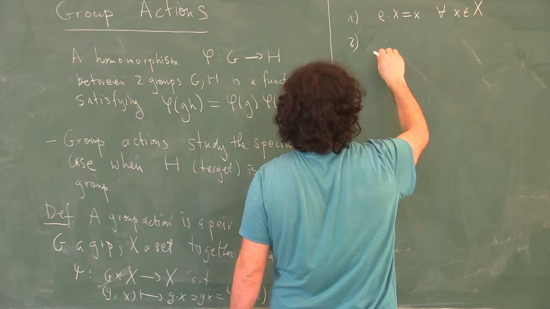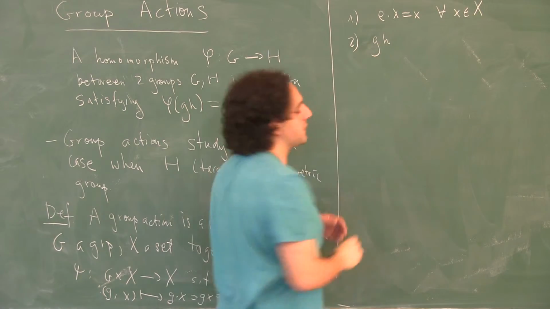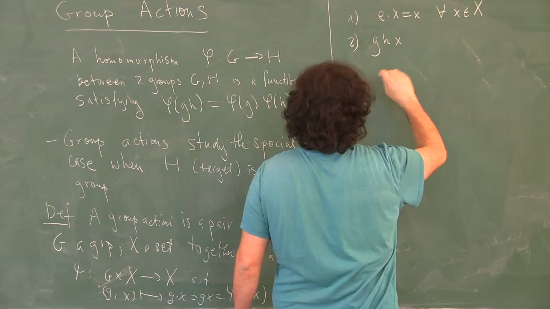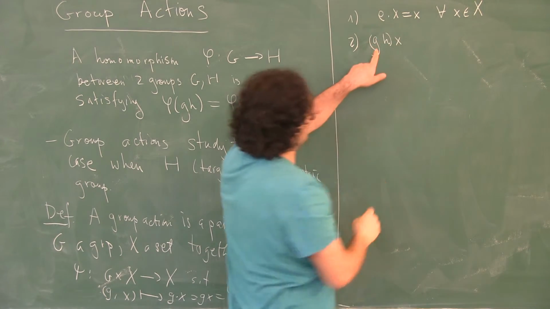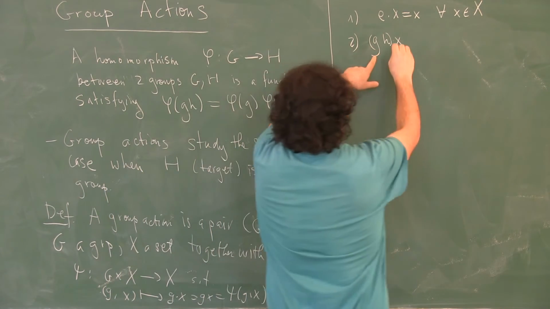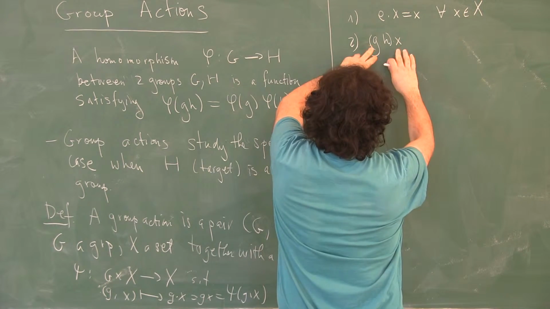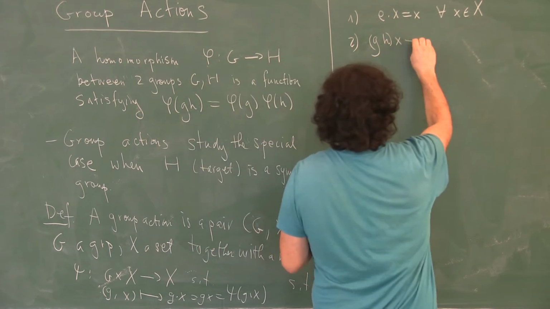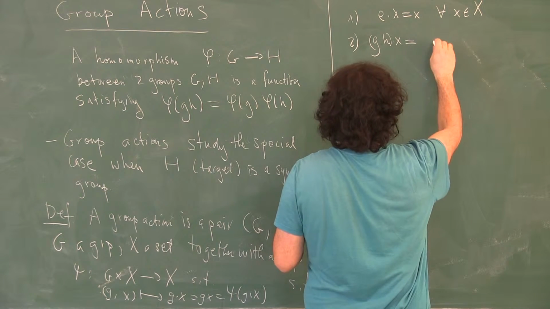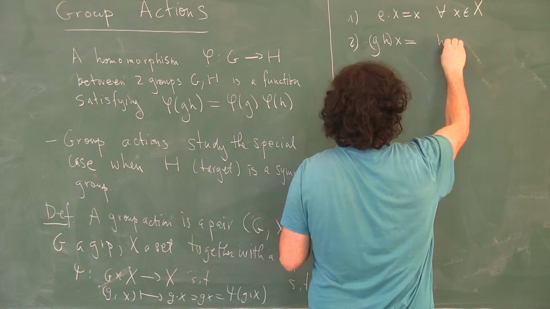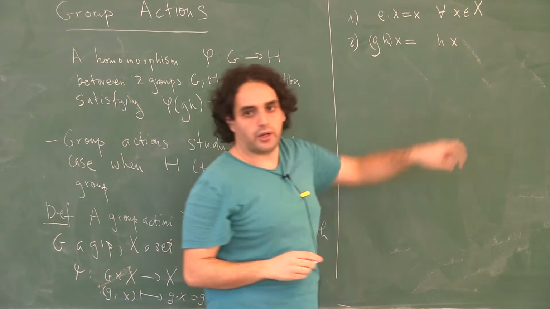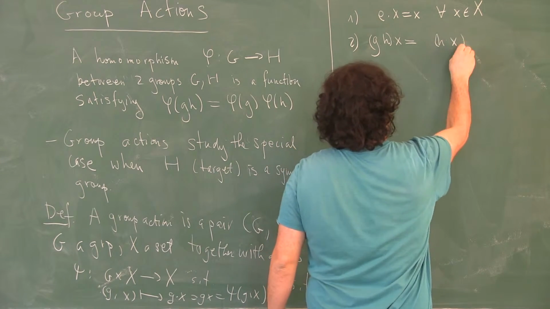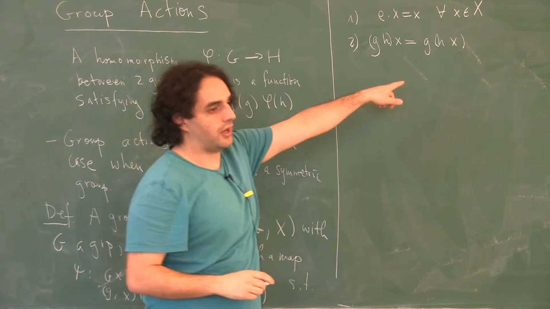And more interestingly, if I have two elements g and h of G, I can do two things. I can take their product in G and then look at psi of the pair gh and x. That's gh dot x. And we want this to be the same as the other thing I can do, which is to first do h dot x, that is psi of the pair h, x, and then do g dot with that.